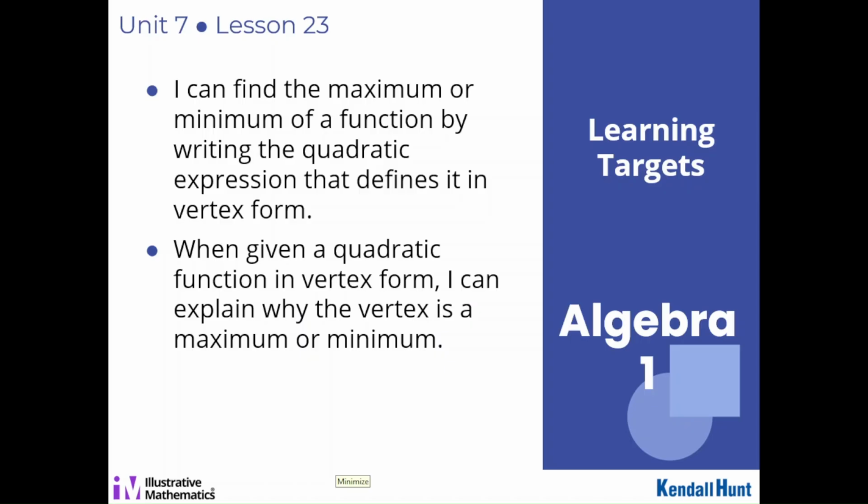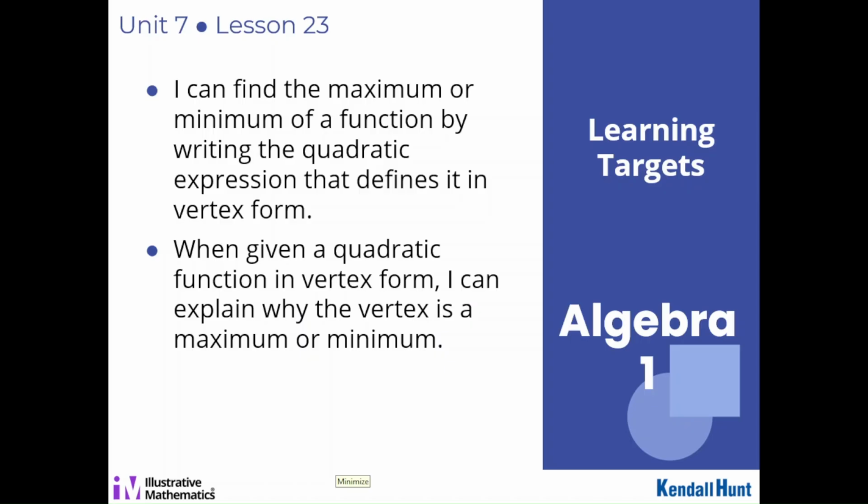Learning target number 1 says that you can find the maximum or minimum of a function by writing the quadratic expression that defines it in vertex form. This means two things.